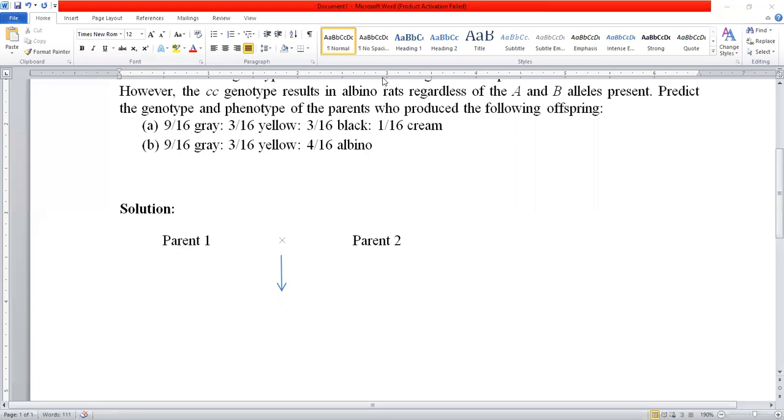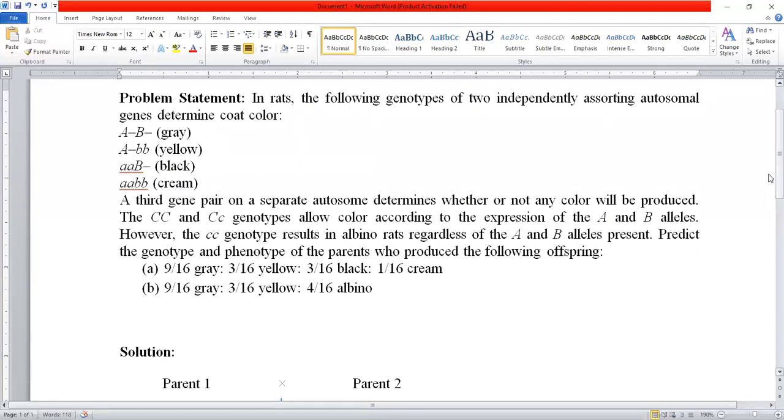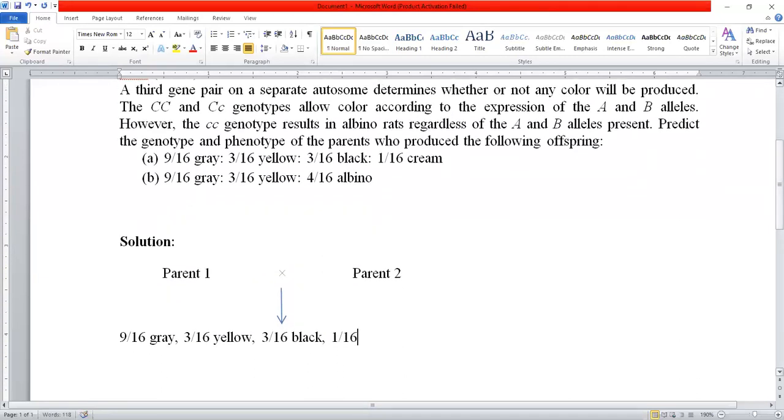9 by 16 gray, 3 by 16 yellow, 3 by 16 black, and 1 by 16 cream.